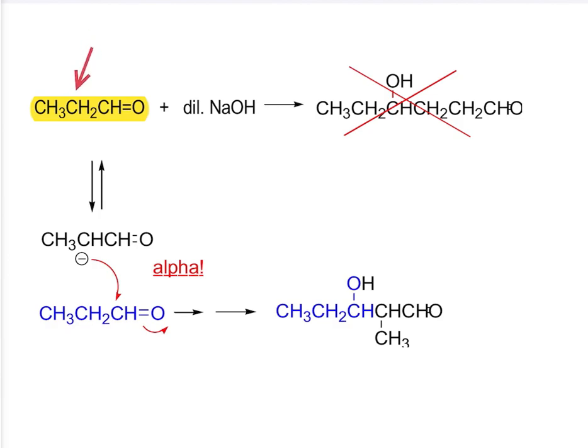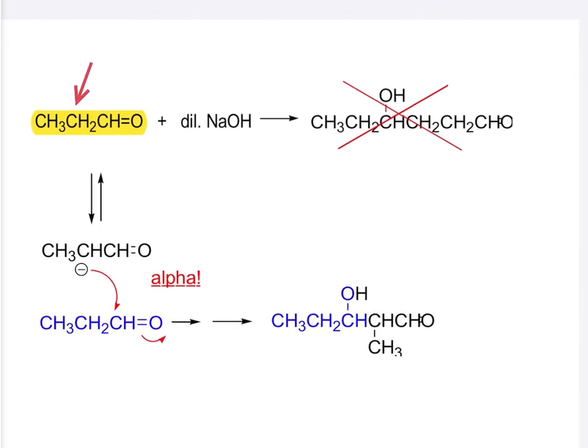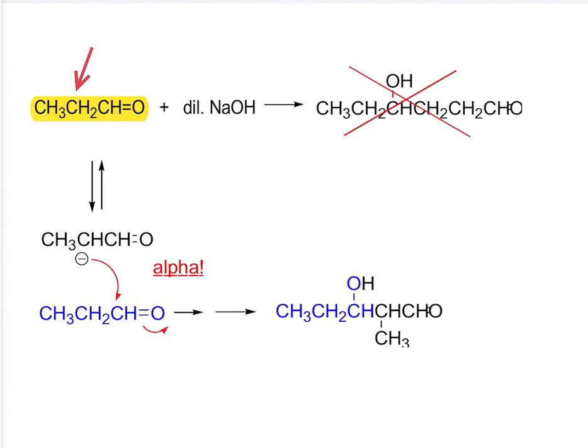As you can see, there are two carbons. One is the alpha carbon, whereas the other carbon is the beta carbon. So which carbon will produce the enolate?